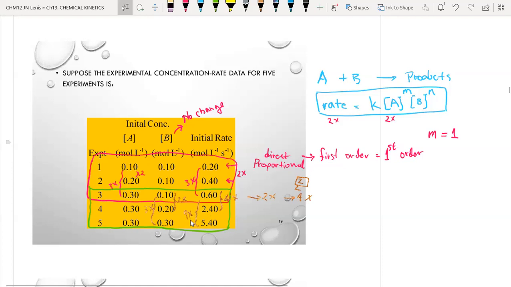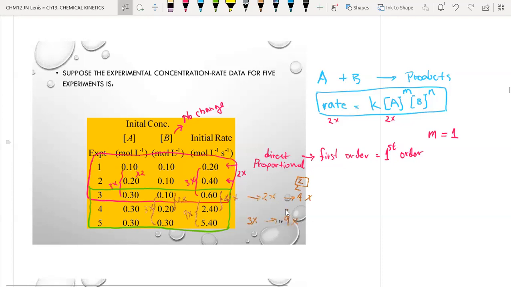It increases 9 times. The speed of the reaction went faster 9 times than the initial. If you triple the concentration of B, the speed went up by a factor of 9x. So the change was 3x in concentration and 9x in speed.